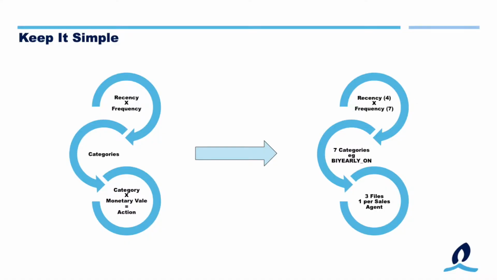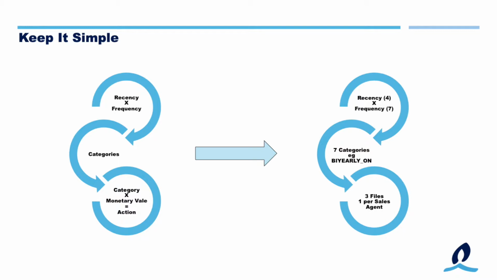So, delivering these insights, first of all to our sales agents, and then what is the customer message? We keep it simple was the message throughout. While we had 4 categories of recency, so 1 year, 2 years, more than 3 years or never, for frequency we had 7 categories. So it's grown in complexity. And when you add in the monetary value, we have lots of permutations.